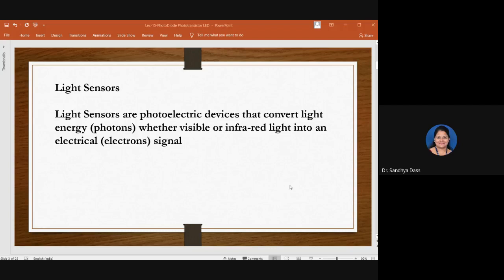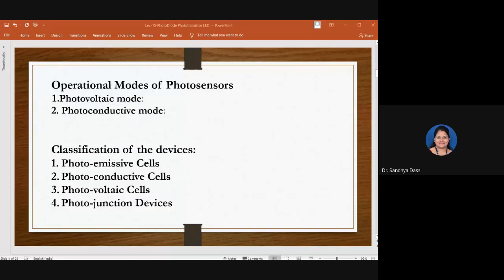So light sensors are more commonly known, as I mentioned, as photosensors or also called photoelectric devices. So photoelectric devices can be grouped into two categories: those which generate electricity when illuminated, such as photovoltaic or photoemissive, etc., and those which change their electrical property in some way, such as photoresistors or photoconductors.